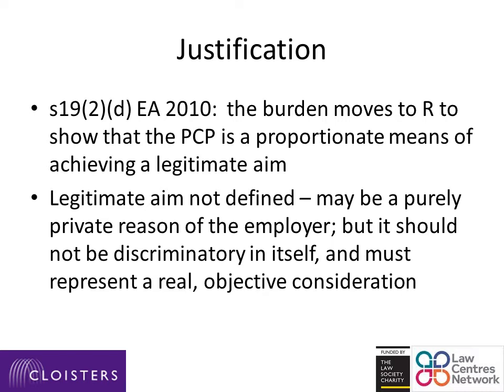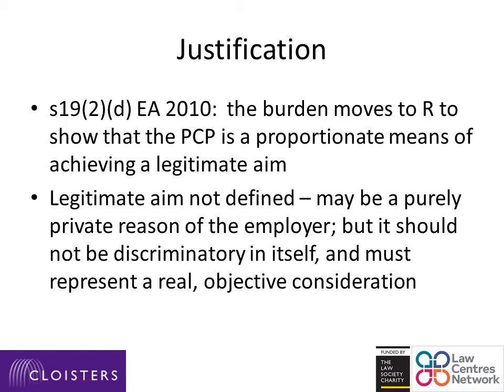Legitimate aims in the context of indirect discrimination are not defined, and they can be purely private reasons of the employer. Cost saving alone will not be a legitimate aim. The aim should not be discriminatory in itself, and it must also represent a real and objective consideration.